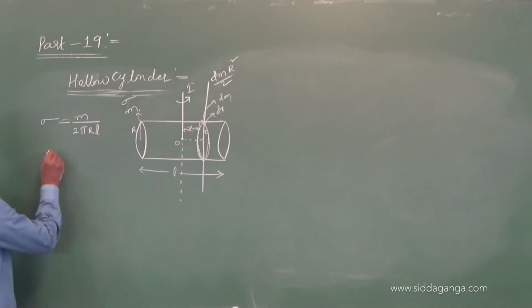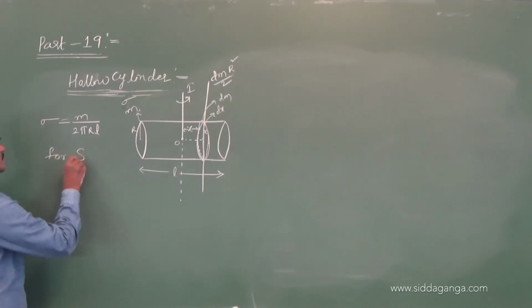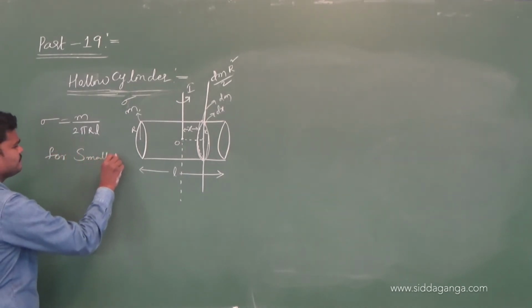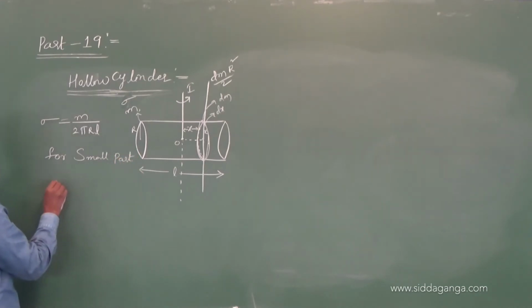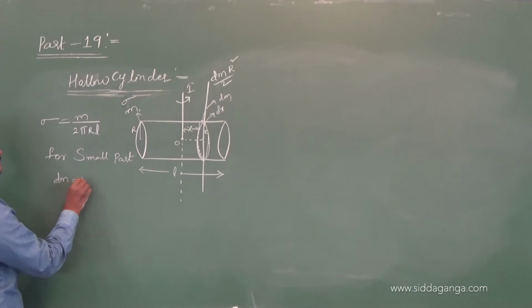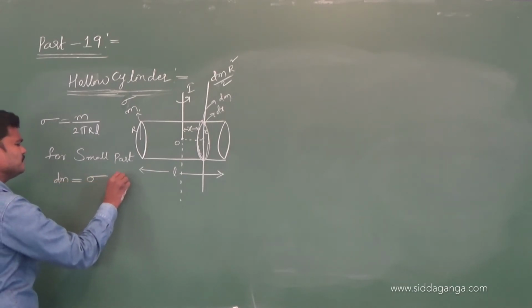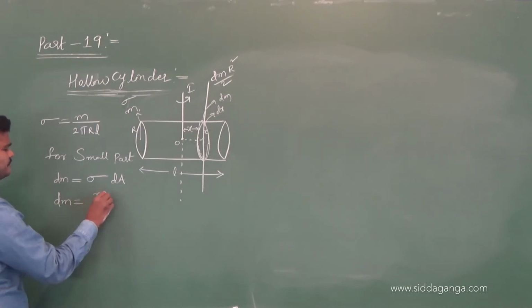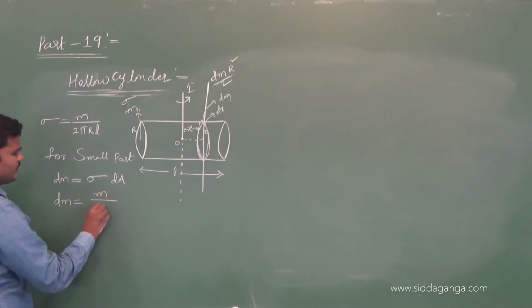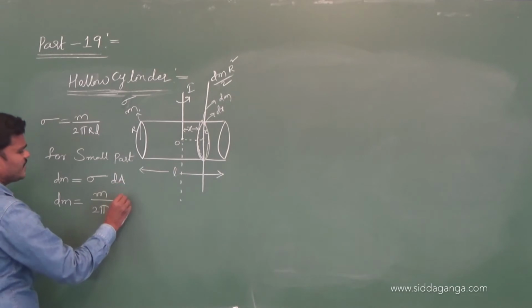Now for the small part, we can write dm equals sigma into dA. What is sigma? m by 2 pi RL. What is dA?